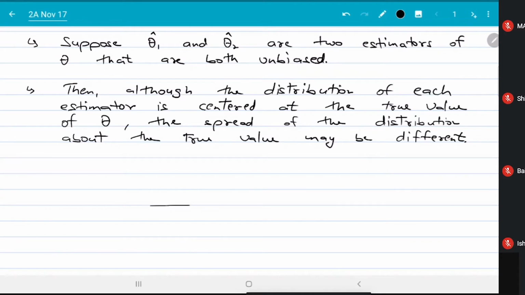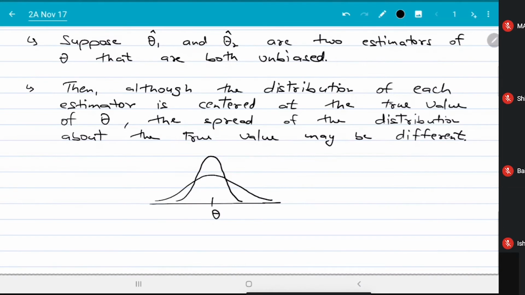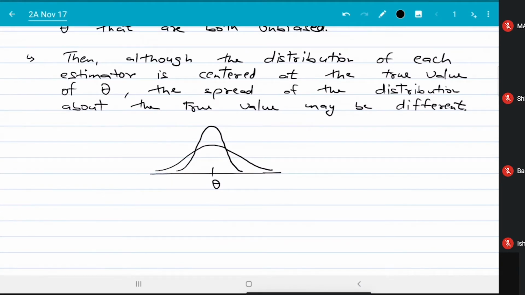Okay, so we can have the sampling distribution of one estimator like this, and the sampling distribution of another estimator like this. Obviously, the one which has the lowest sampling variance is the best estimator that we should be looking at.